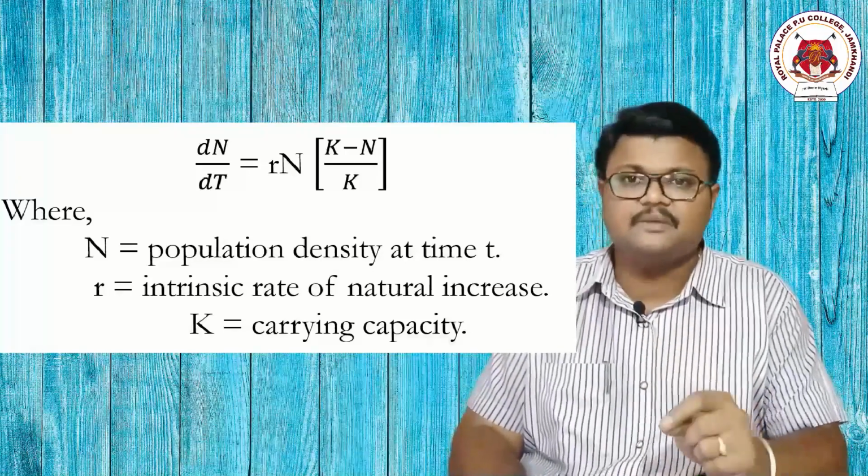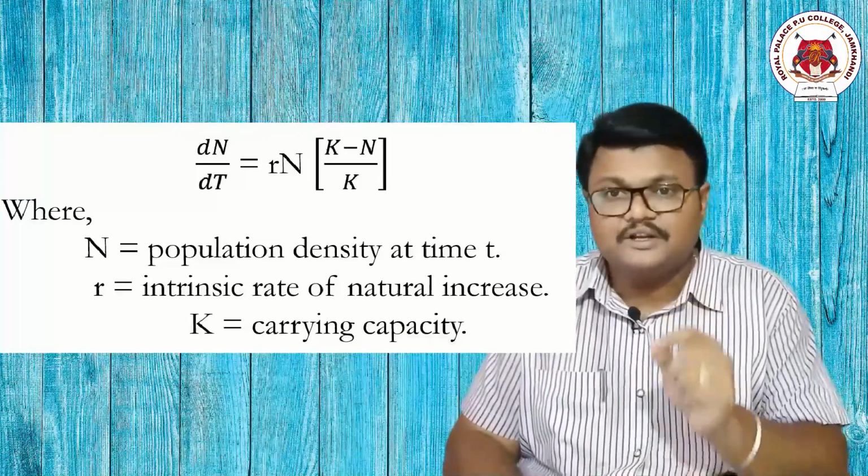It is nothing but the logistic growth equation. Okay, so this makes practical sense. This is a real equation, this is a real model, this is a real concept which happens in all the ecosystems, in all the forests wherein the resources are limited.